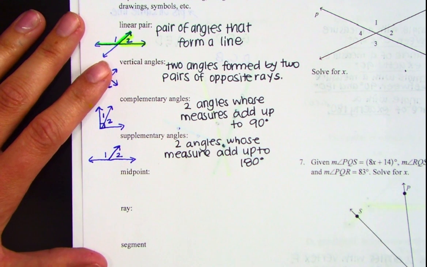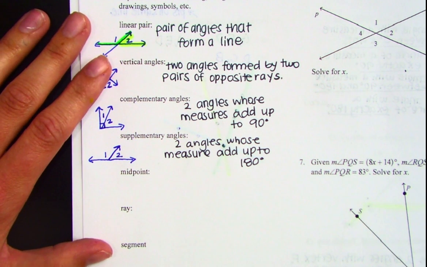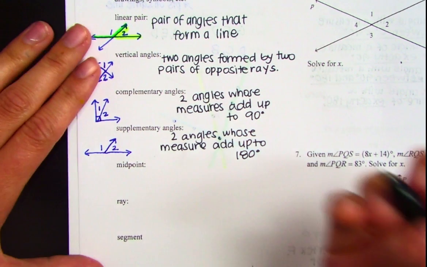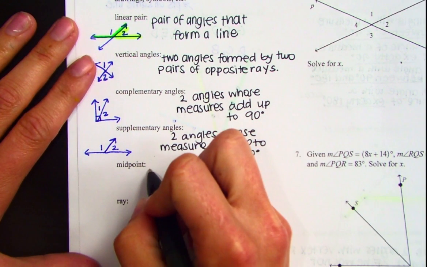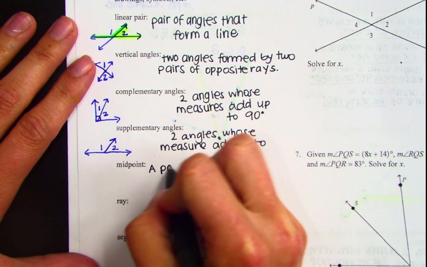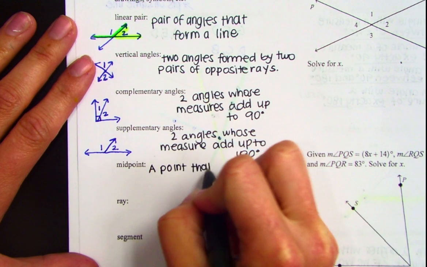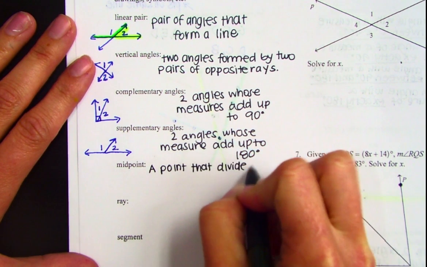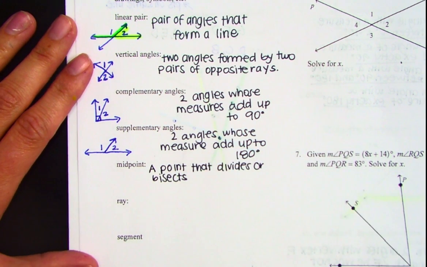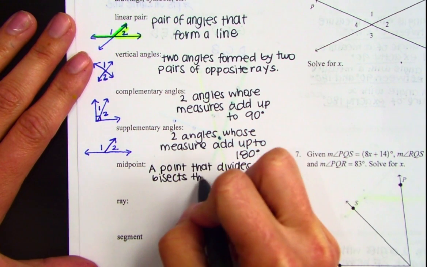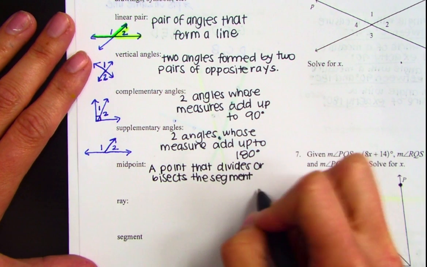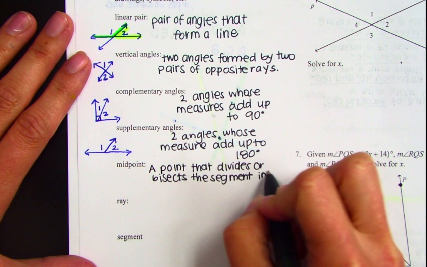Okay, midpoint. Midpoint is a point that divides or bisects the segment into two congruent segments.